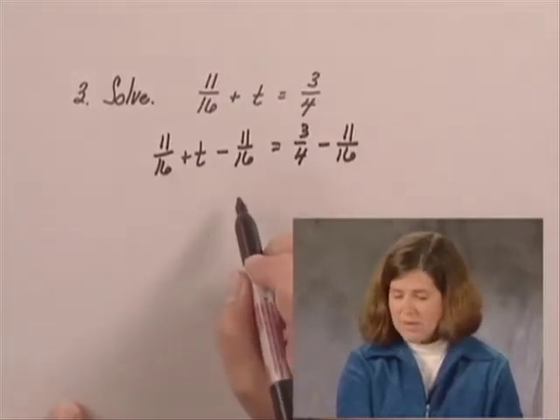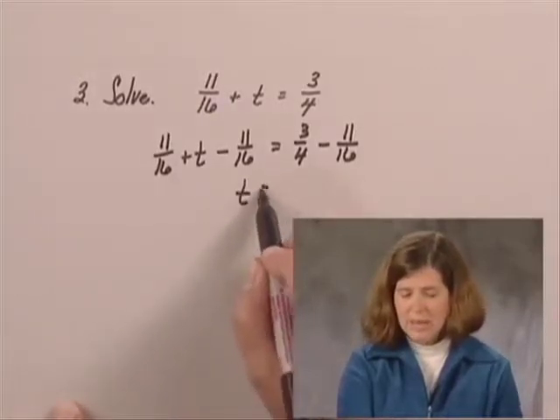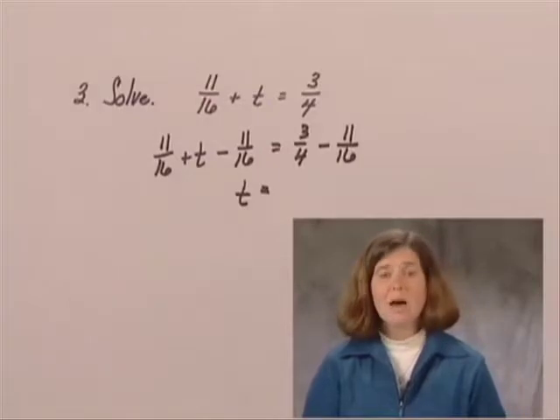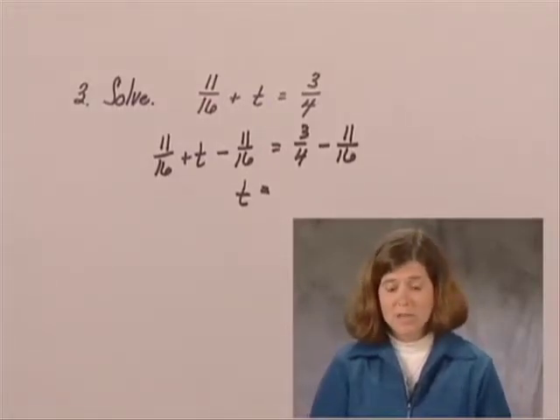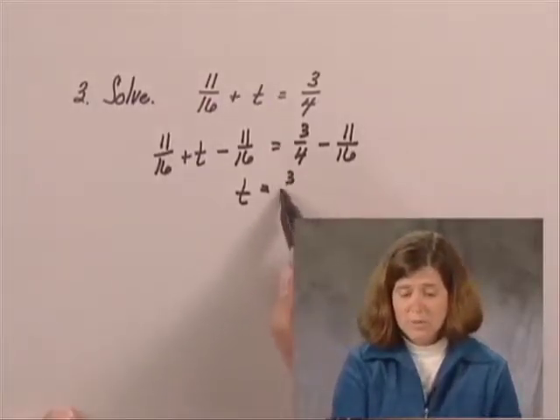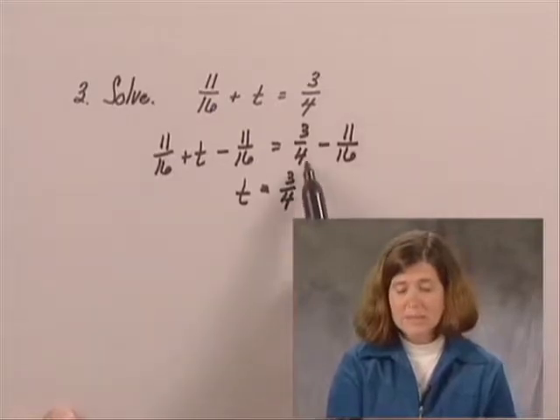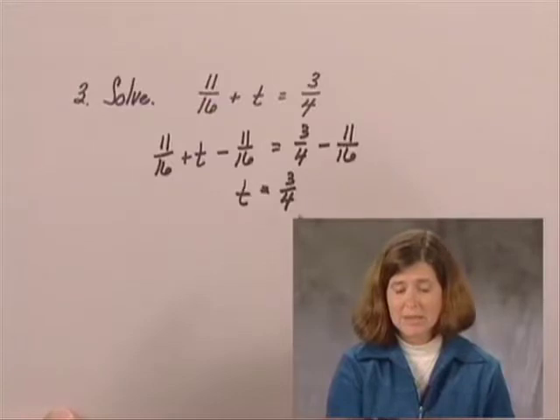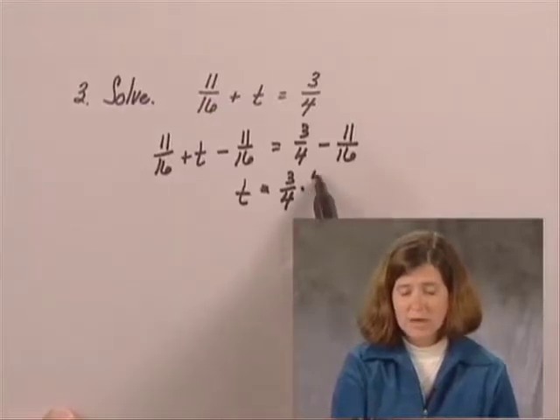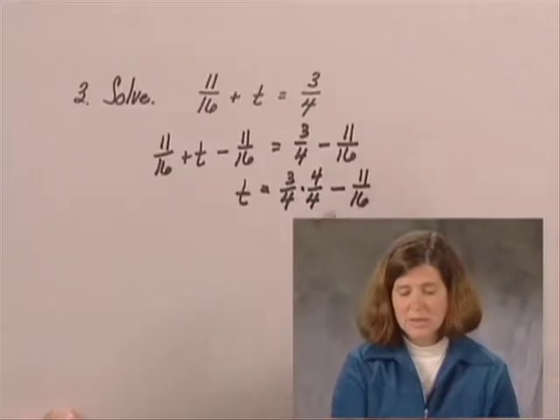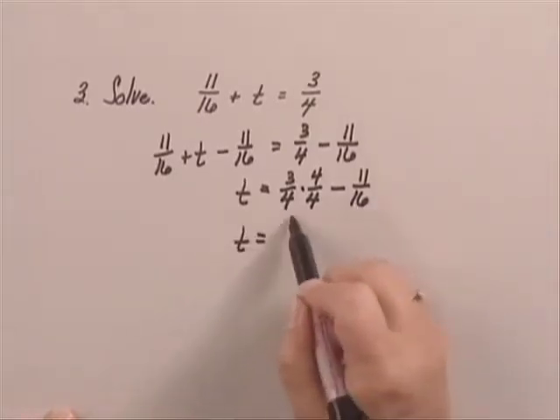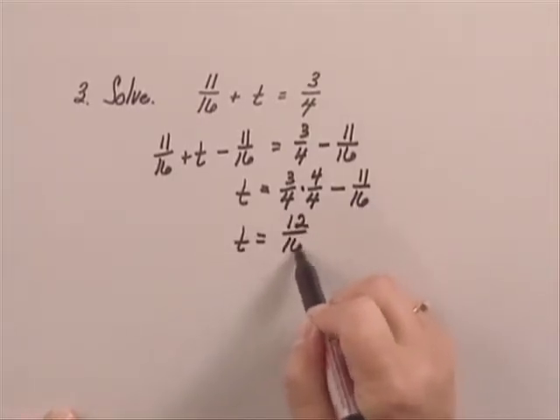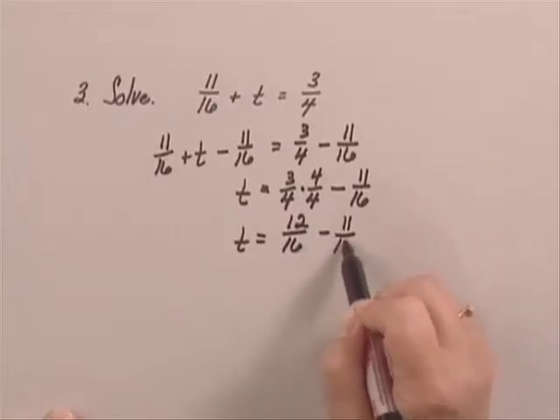This side simplifies to T, and on the right side we want to get a common denominator in order to subtract the fractions. Since 16 is a multiple of 4, 16 is our least common multiple of 4 and 16, so we can write 3/4 times 4 over 4 minus 11 over 16, and we have 12/16 minus 11/16.